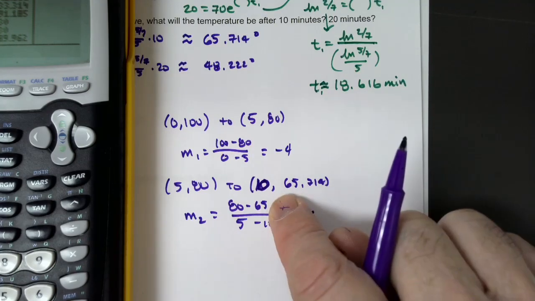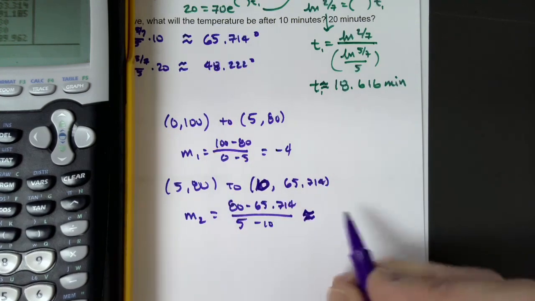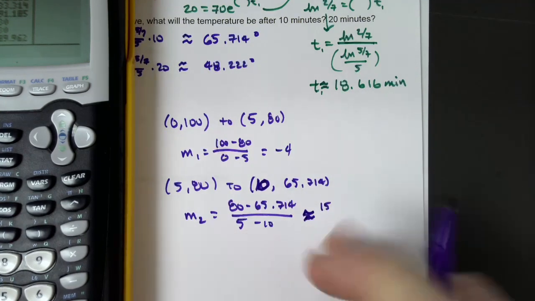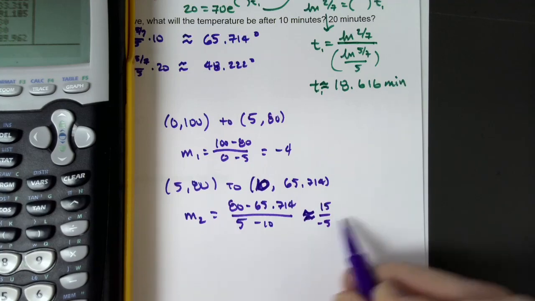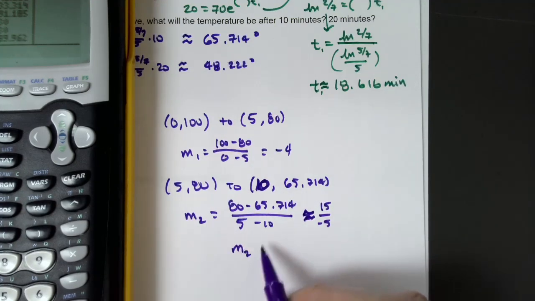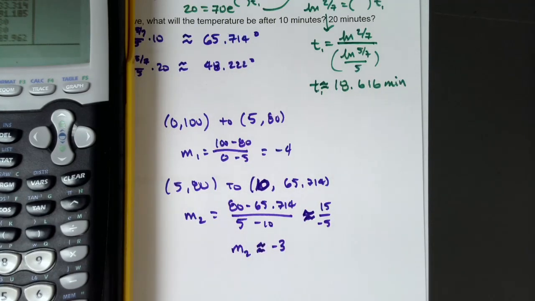I'll just round 65.714 to 65. 80 minus 65 is 15. Of course, 5 minus 10 is negative 5. And this would be telling us that the slope between 5 and 10 minutes is actually about 3 degrees.